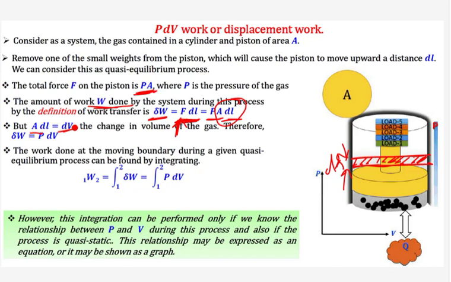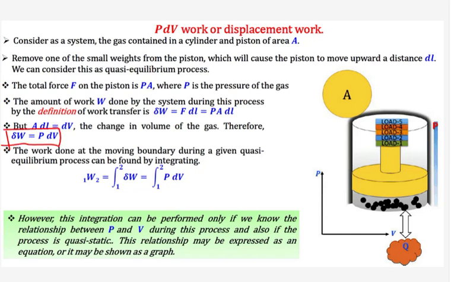So the small amount of work is given as P dV, for dV displacement. So we have a relation for work transfer in terms of pressure and volume, because we usually have a process defined in terms of pressure and volume. We have converted our force and displacement into pressure and volume. So the equation for work transfer is P dV.